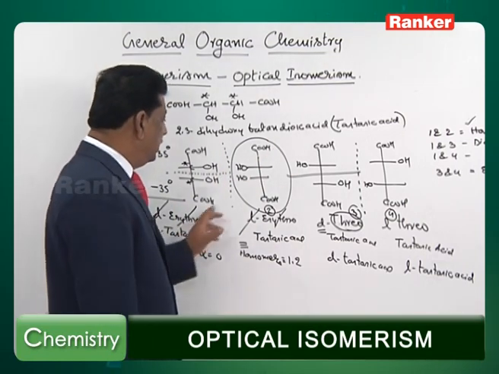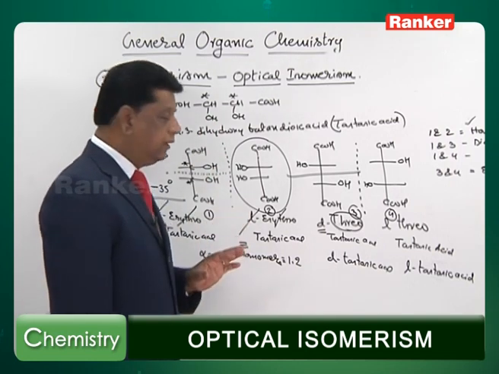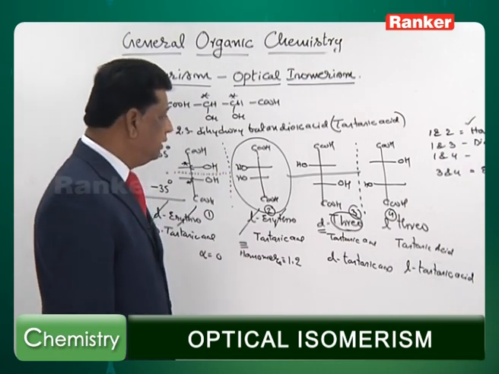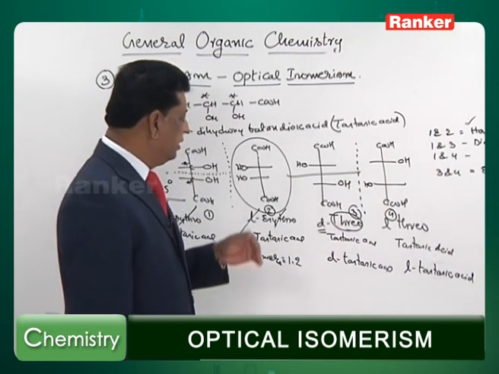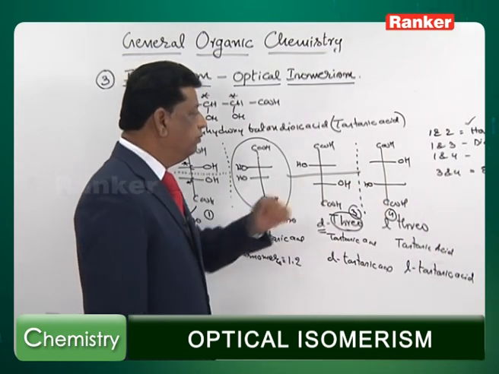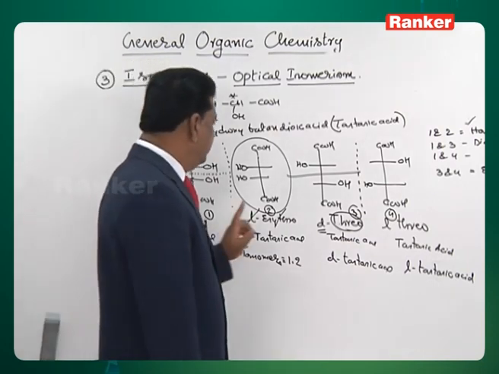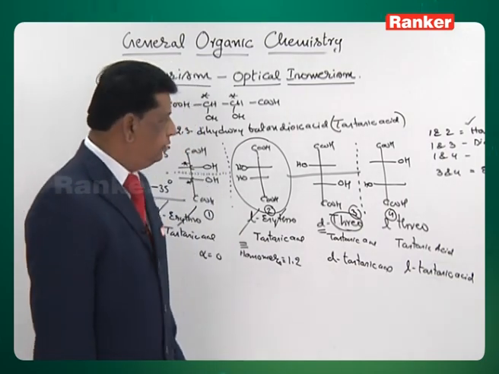So in this case 1 and 2 appear like mirror images, but that is not correct. The correct answer is they are nothing but the same compound, therefore we call them homomers. And 3, 4 is as usual an enantiomer. One from this and one from that, if you take, that is a diastereomer. Either 1 or even 2, 2-3, 2-4 is also nothing but a diastereomer.